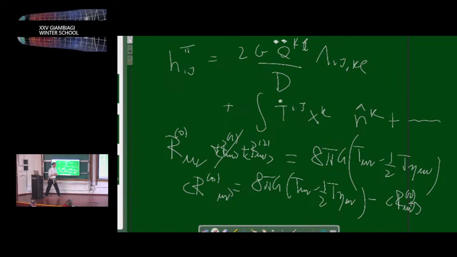You get an object that you can interpret as the energy momentum tensor of this field, because you put this field on top of your background and you consider the fluctuation of this field as effectively contributing to an energy momentum tensor. So, yes?